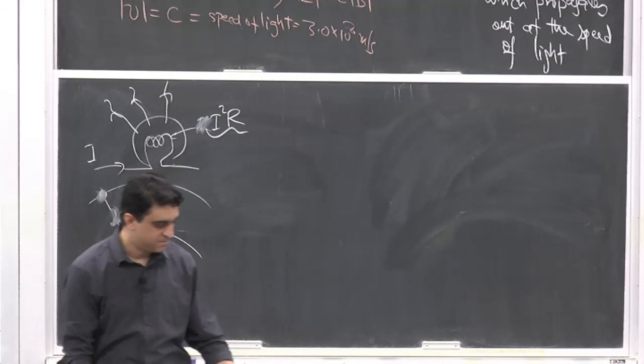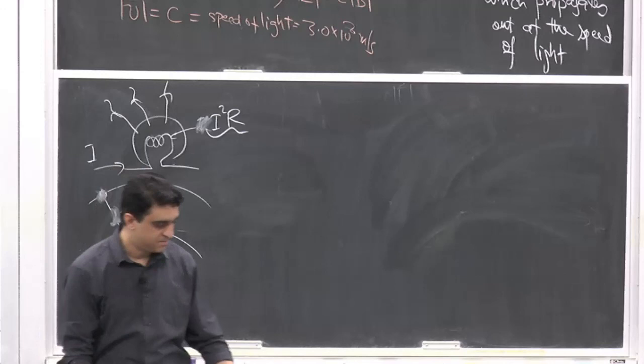So you can create an electric field which would radiate out of this. Because the oscillation is in this direction, you would have a radiative field which would radiate out in this direction.